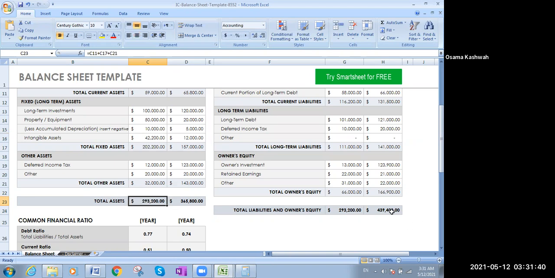So it's 439,400. Here the total liabilities is greater than the total assets here. So I'm going to do the same thing. I will check the difference between them: 439,400 minus 365,800.